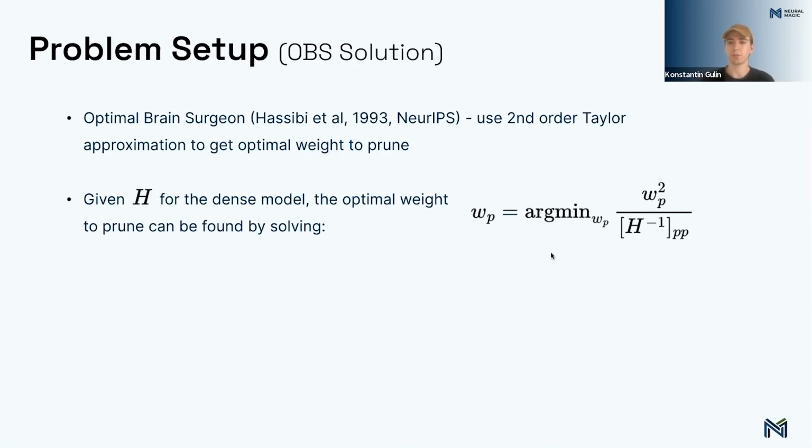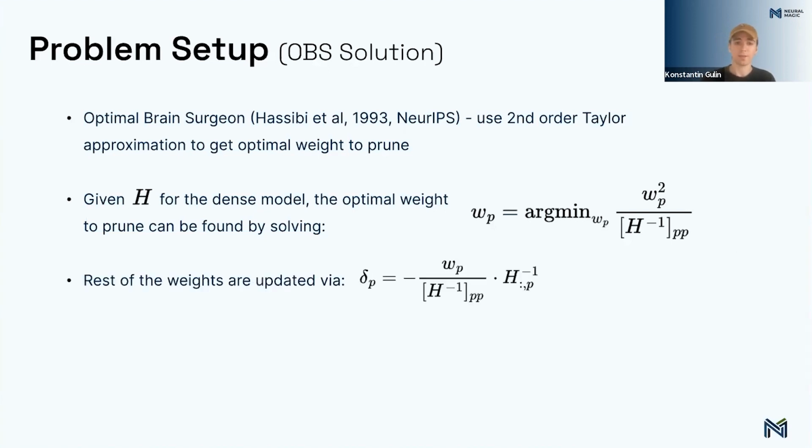So basically each w_p is a weight in your weight matrix. If you calculate for each weight the weight squared divided by its diagonal entry in the inverse Hessian, and then find the one with the lowest value, that's the one you want to prune. In addition, it gives us an update value as well.